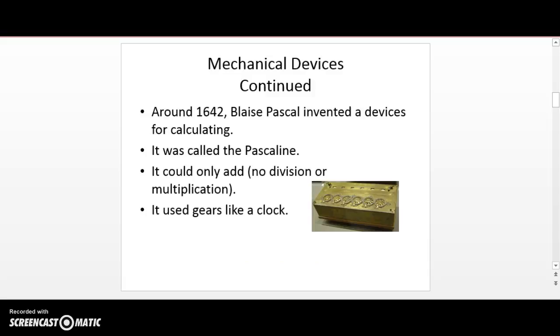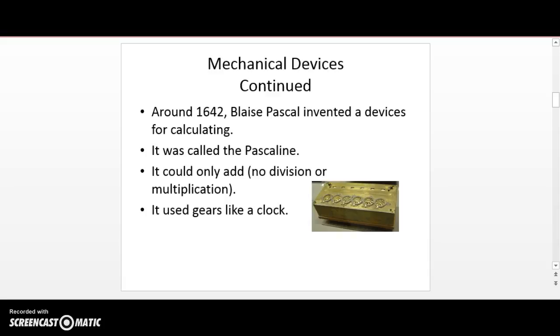And so we jump ahead from that ancient device up into the 1600s, where around 1642 the mathematician Blaise Pascal invented a device for calculating, and he called it, appropriately enough after himself, the Pascaline.